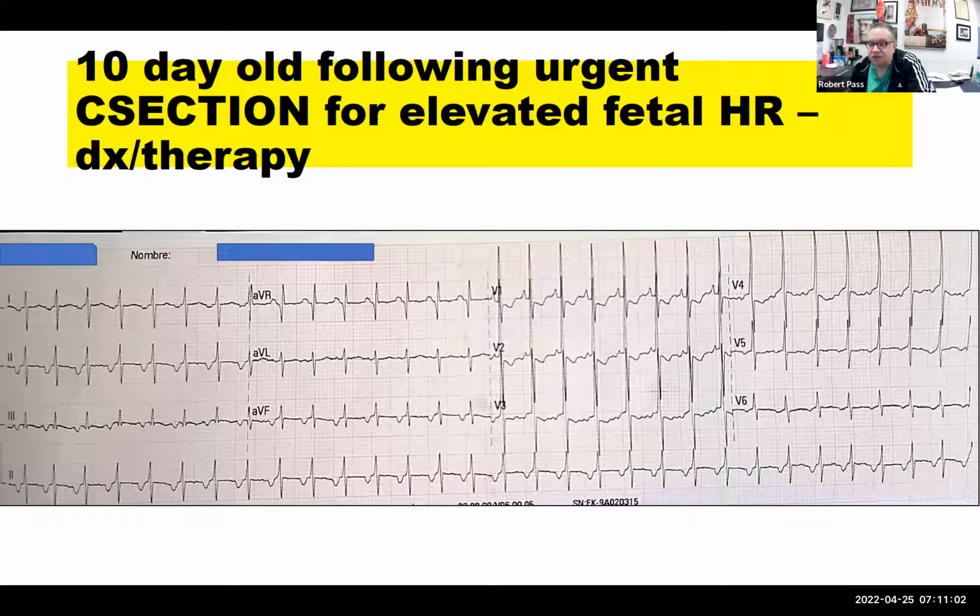The difference in PJRT is that the pathway, as Grace alluded to, is so slow in its conduction characteristics that you go down the AV node, but then the pathway conducts up so slowly that by the time it reaches the atrium, it is no longer refractory, and you therefore depolarize the atrium and then go back down the AV node.